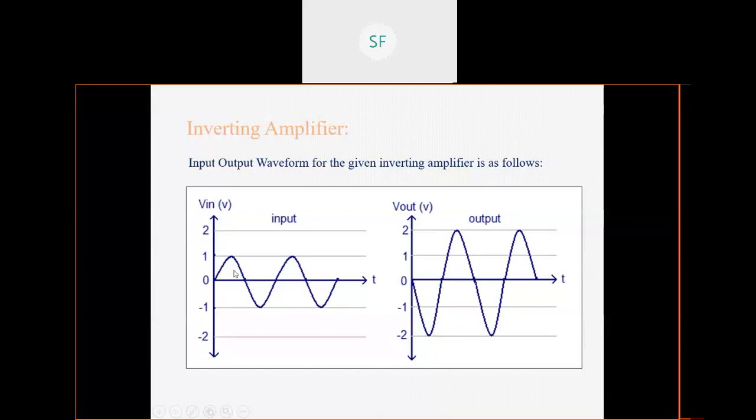Whenever there is a positive half cycle, you will get a negative half cycle, and when there is a negative half cycle, you will get a positive half cycle. So there will be a 180-degree phase shift between input and output. This is how your input output waveforms will look.